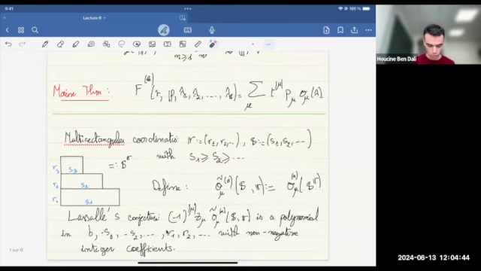So whenever we have a partition lambda, instead of writing it just using the sizes of the parts of lambda, we can decompose it into rectangles. And then we associate to each rectangle its length, which is given by this alphabet s_i's, and the heights given by the alphabet r_i's.